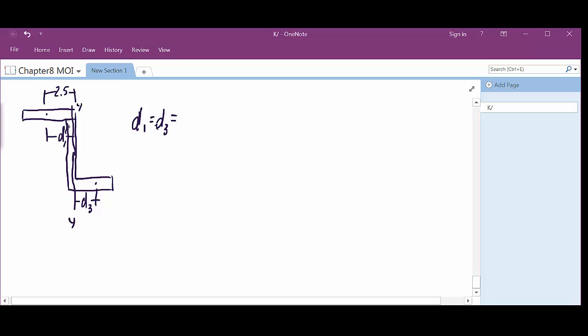The distance from this end right here to this half is a 1/2 inch, isn't it? So the distance here would be a 1/2 inch. So that means D2 and D3 are going to be 2, aren't they? The distance from the center of gravity of this piece to the center of gravity of that piece is going to be 2 inches. Copy that?